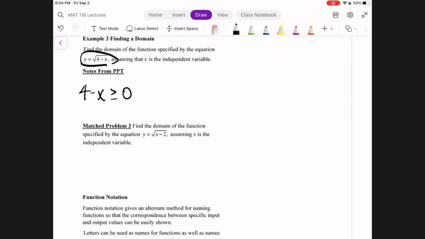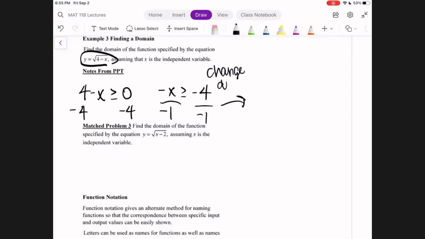So if I solve this for x, I'm going to subtract my 4 first. So I get negative x is greater than or equal to minus 4. And then I need x to be by itself. So I'm going to divide by the coefficient, which is negative 1. And remember, when I divide by negative 1, you change the direction of your inequality.